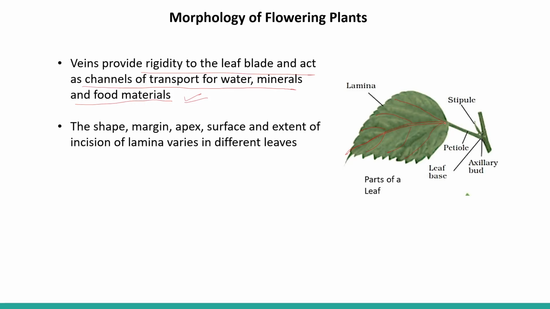Now what happened? This midrib is getting water from this petiole and from this stem region. So water is coming to the stem, then moving to the petiole, then moving to this midrib region. And from the midrib, the water is moving to the vein part.